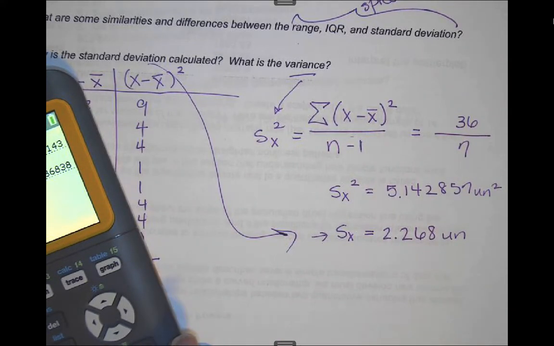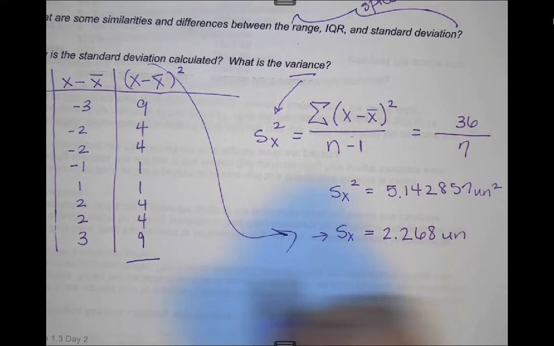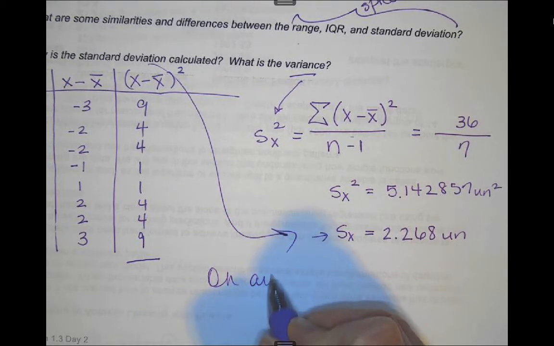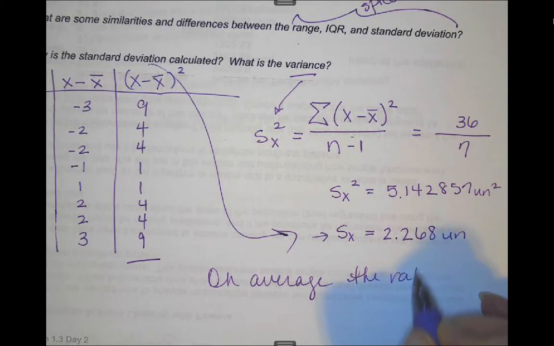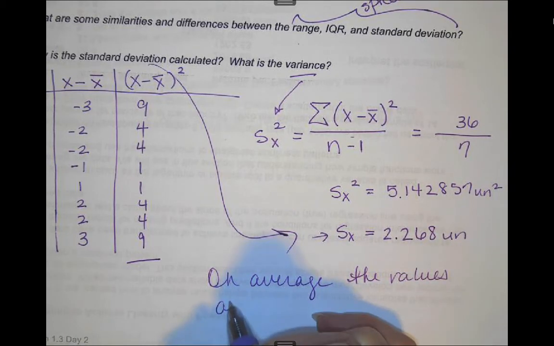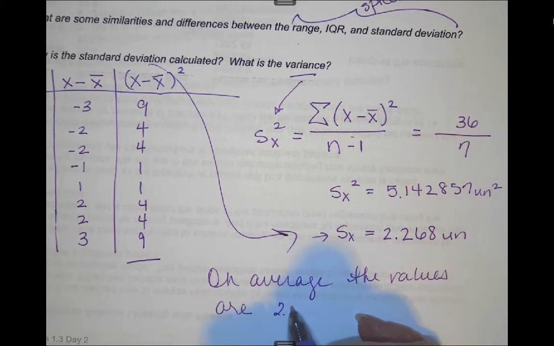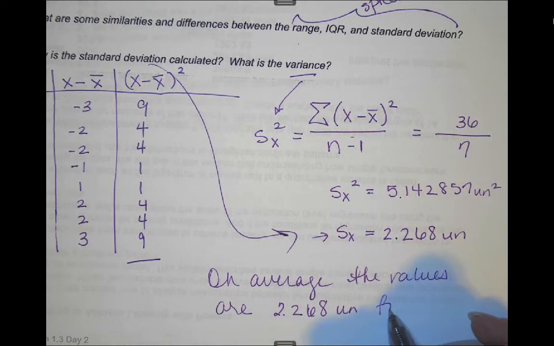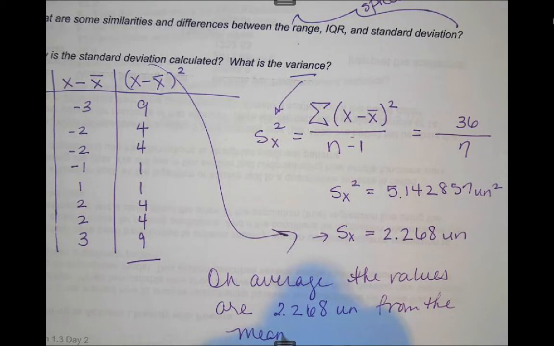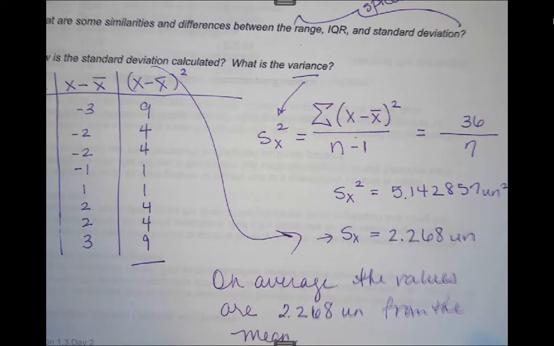All right, so basically what I'm saying here is on average, the values are 2.268 units from the mean. That seems pretty reasonable, right?